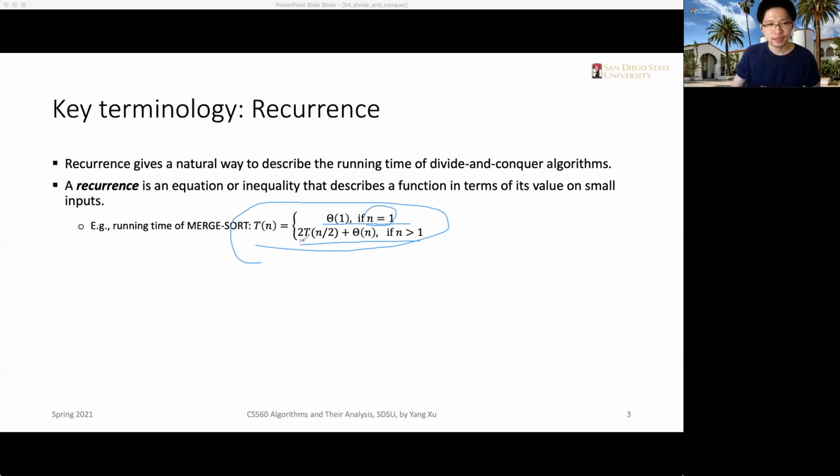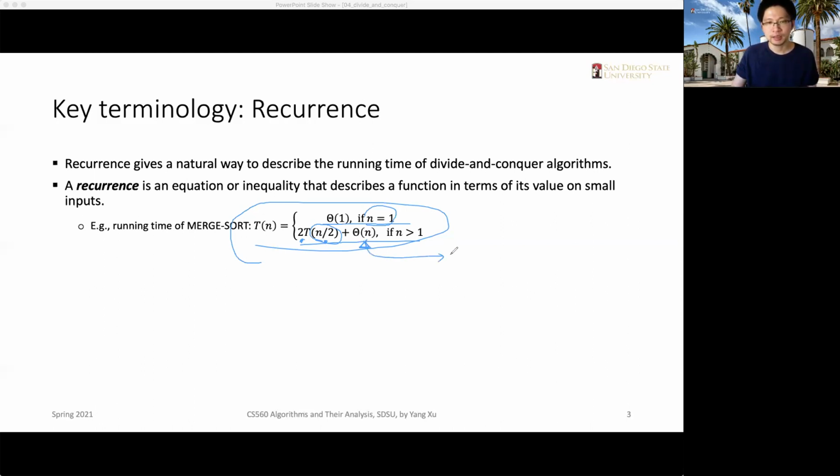So this 2T(n/2) means that after the dividing, we will have two subproblems, and each subproblem is half the size of the original one, okay? And this big theta of n is the cost for combining the solutions of the two subproblems, okay?